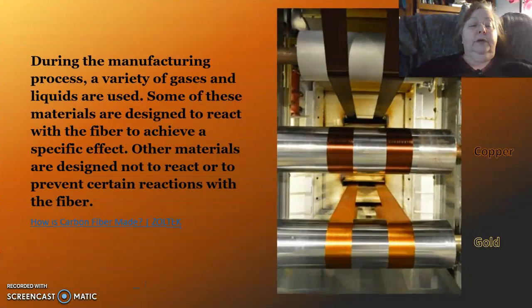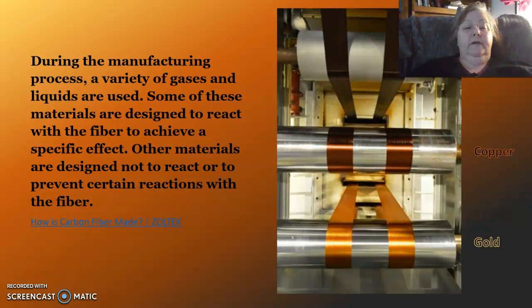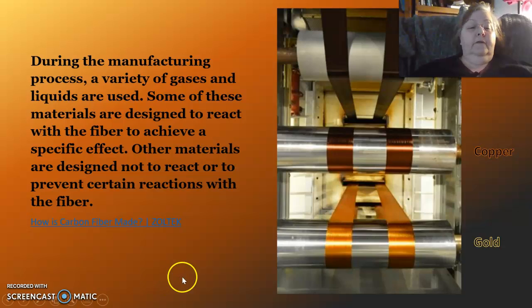During the manufacturing process, a variety of gases and liquids are used. Some of these materials are designed to react with the fiber to achieve a special effect. Other materials are designed not to react or to prevent certain reactions with the fiber.